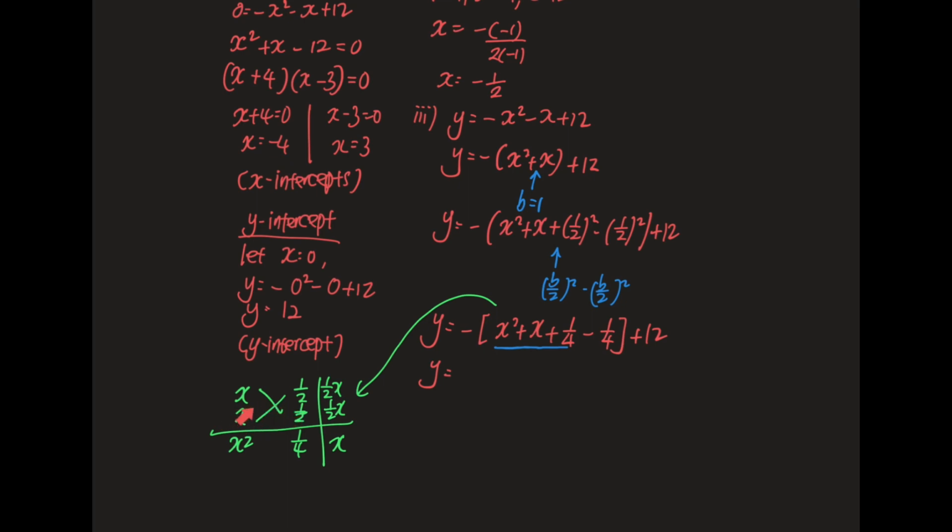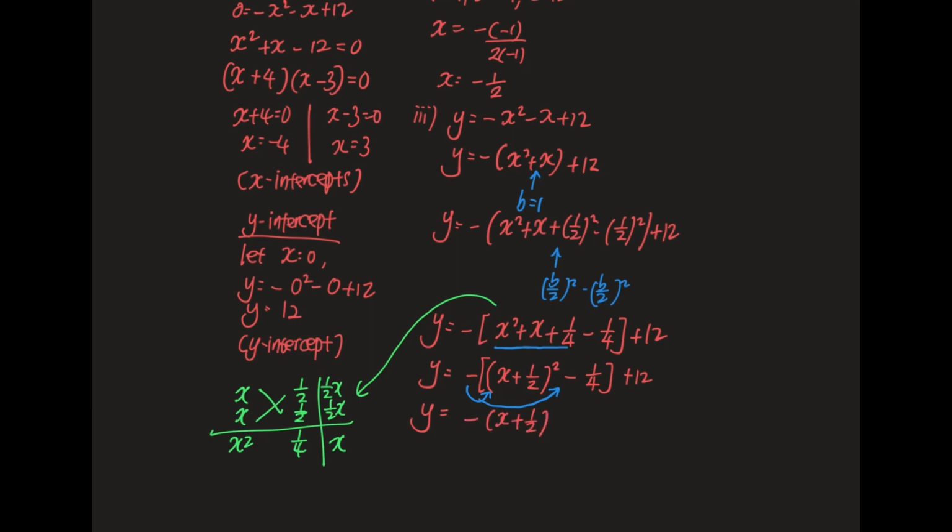So this is the first factor, x plus half. The second factor is also x plus half. So combining them, x plus half squared. So minus x plus half squared minus 1 over 4 plus 12. Okay, now this negative sign out here is given to the first bracket and the second fraction there.